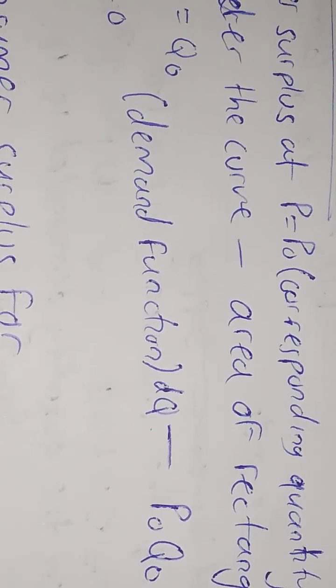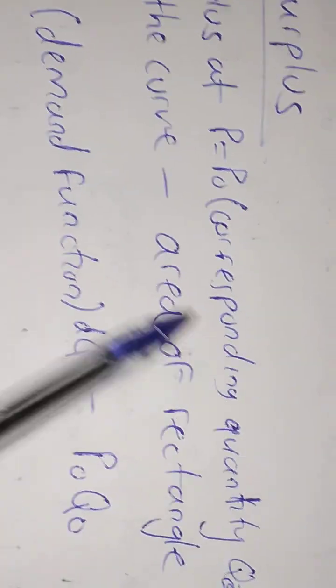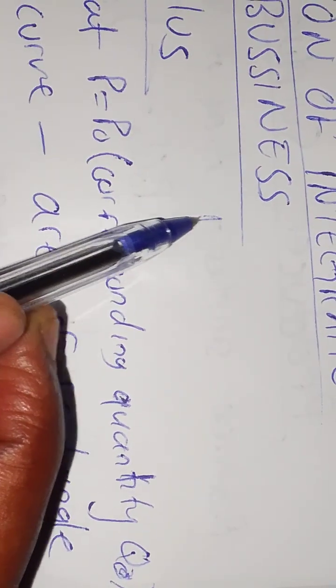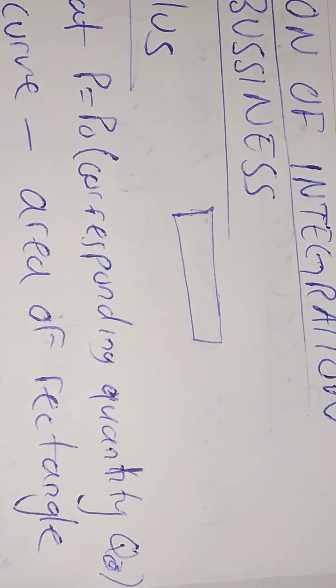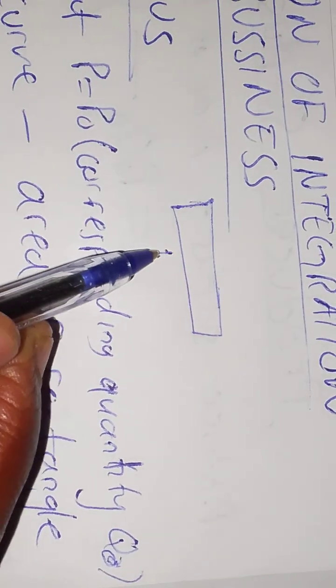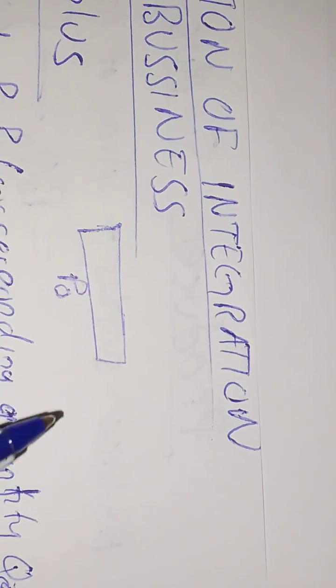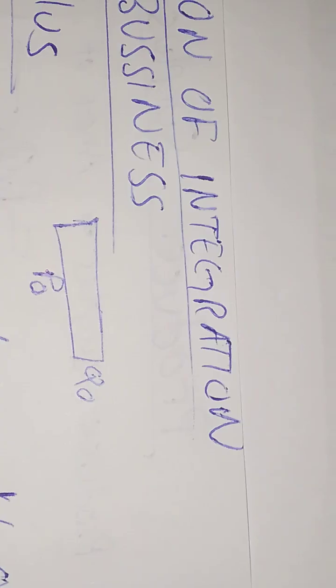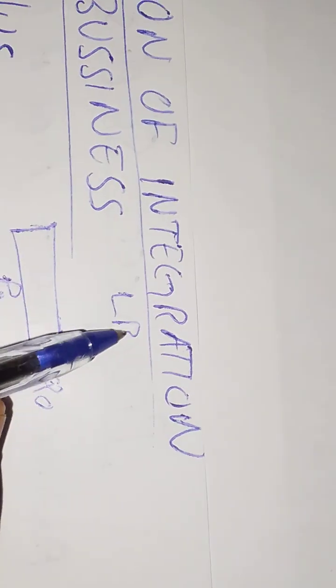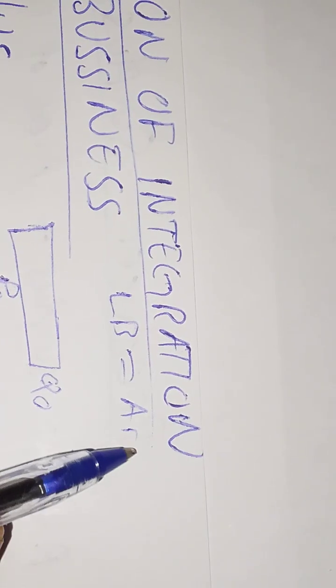So how do we have the area of a rectangle? Let's do it here. So a rectangle is this. Let's say this is our price, which is PO, and this is our quantity. We said the area of a rectangle is L times B. So what's our L?